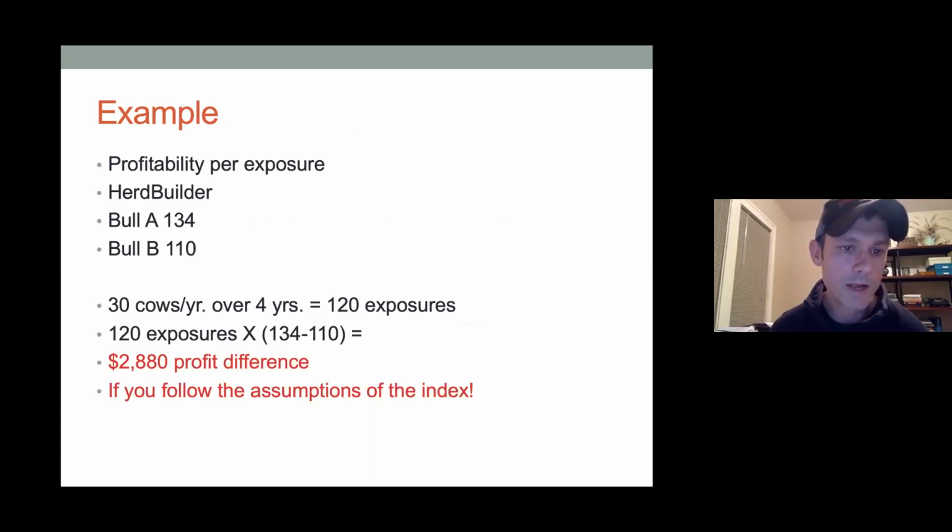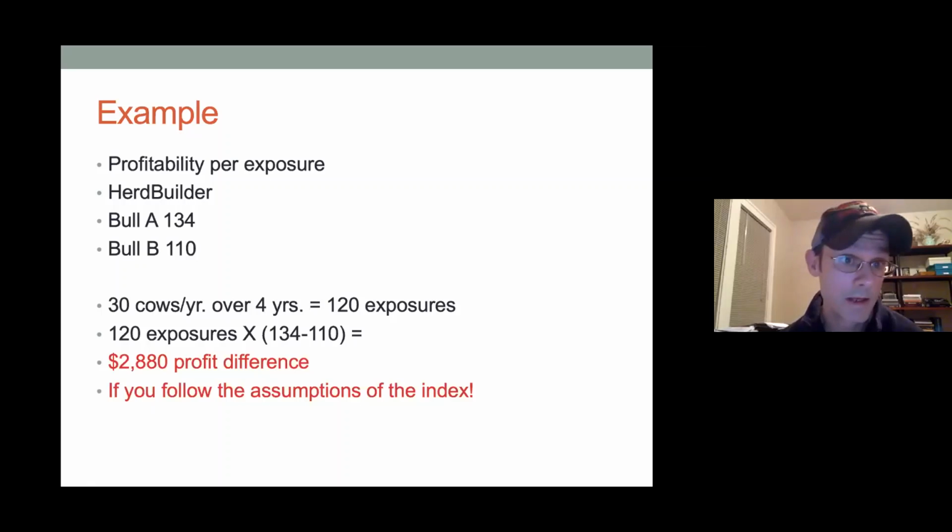So if I multiply the number of exposures by the difference in their index values, what I wind up with is an estimate of the net profit difference that bull A has to my operation compared to bull B, right? Because the difference in their index values tells me the difference in net profit per exposure. So I just multiplied it by the number of exposures.